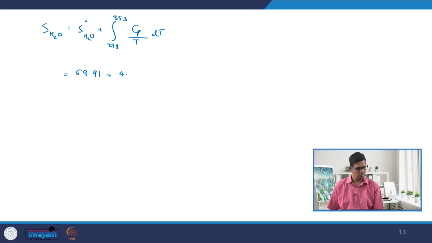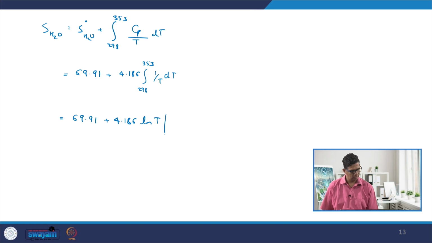So we can write 4.186 integration of 1 by T dT, again 298 to 353.